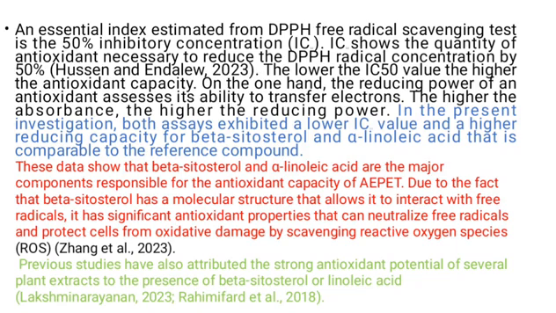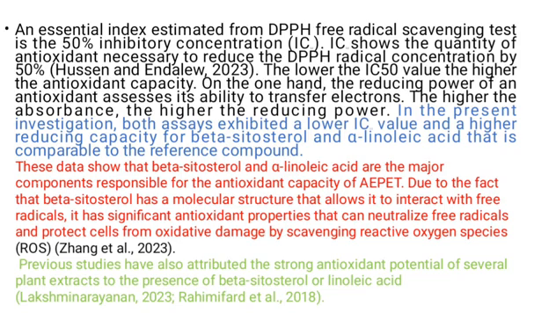Okay? Then the second aspect of that particular explanation is stating the result proper. So in the present investigation, both assays exhibited a lower IC50 value and a higher reducing capacity for beta-sitosterol and alpha-linoleic acid that is comparable to the reference compound.